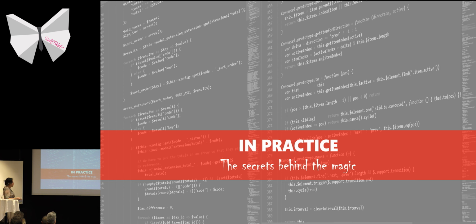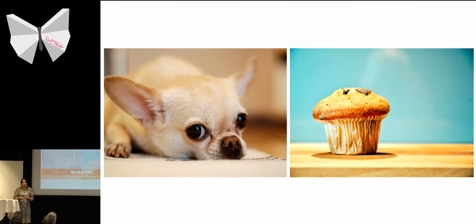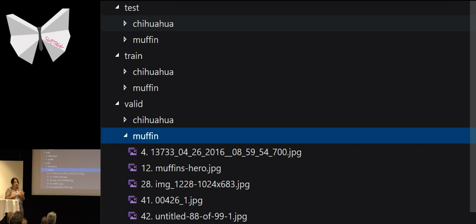So now we sort of know how it works, but in practice, this is what you do. We want to determine if an image is a chihuahua or a muffin. The first thing we need to do is find a lot of images that represent chihuahuas and muffins. For this, I'm using 500 images that I've downloaded from Google Search, and I split them up into 3 different categories.